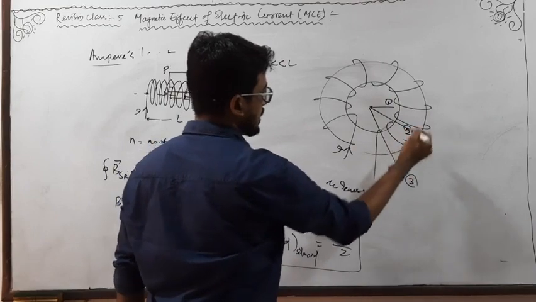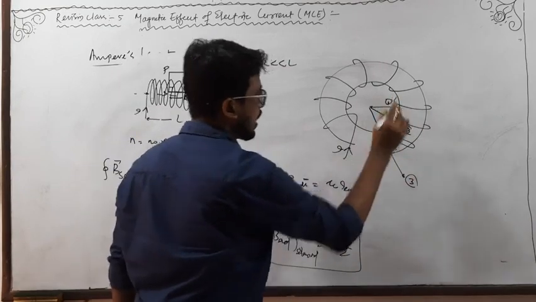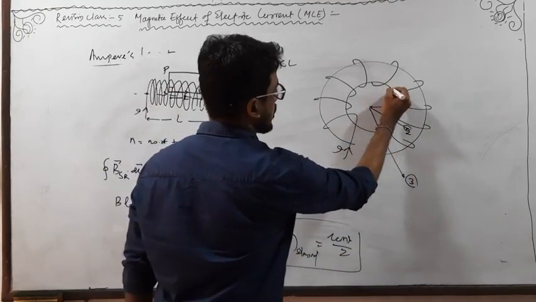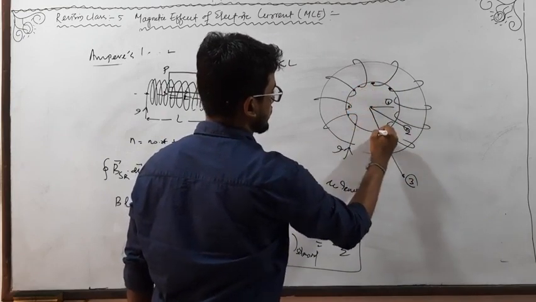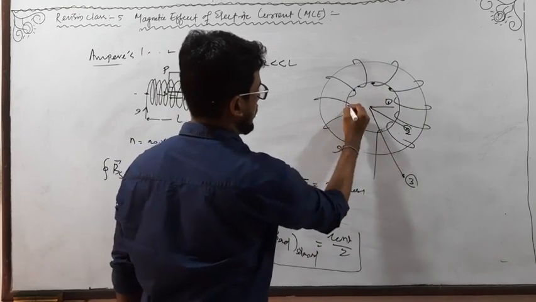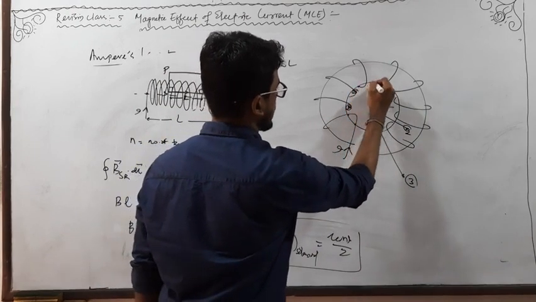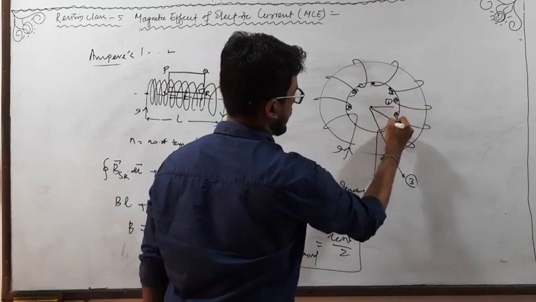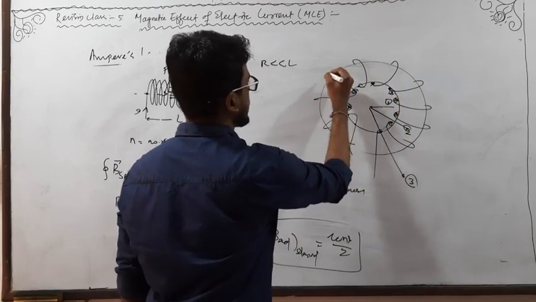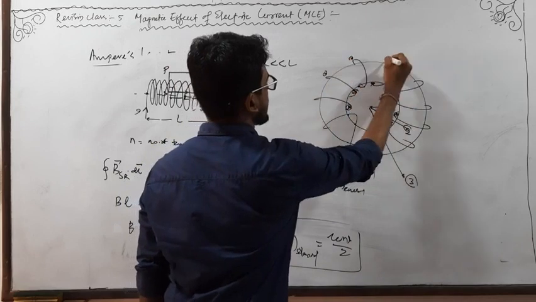So for these three cases the magnetic field at 3 and 1 will be 0, because at this point the current is going out of the surface, like this it is going into the surface, and all these points it's going out of the surface.